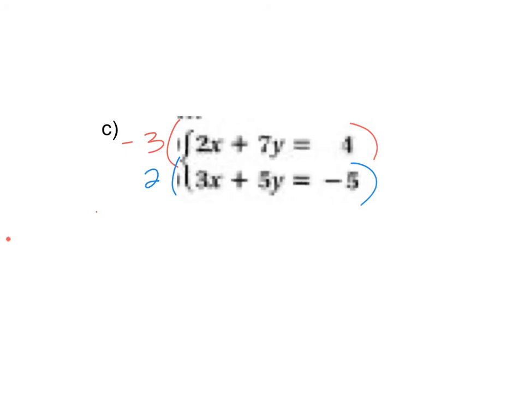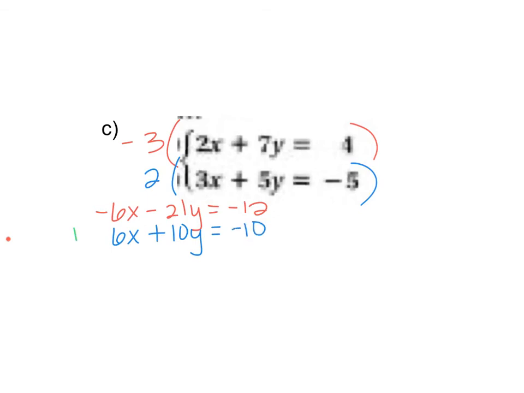So the top one, we would have -6x minus 21y equals -12. The bottom one would be +6x plus 10y equals -10.